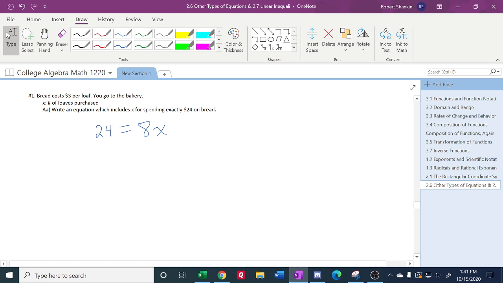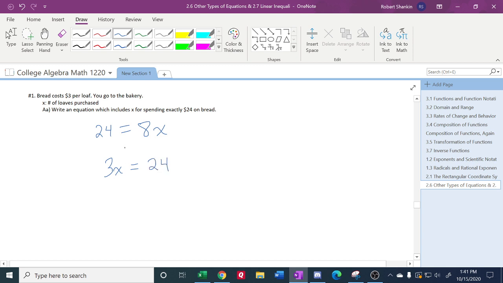Let me just get one more group's opinion on this. Group 4, what do you have? Anybody from group 4? You can say pass. Let's go to group 6. What do you have? 3x equals 24.